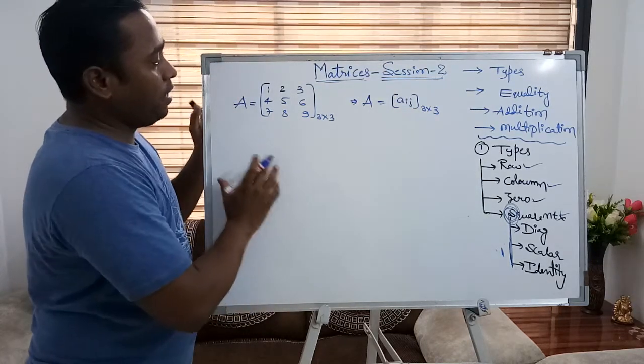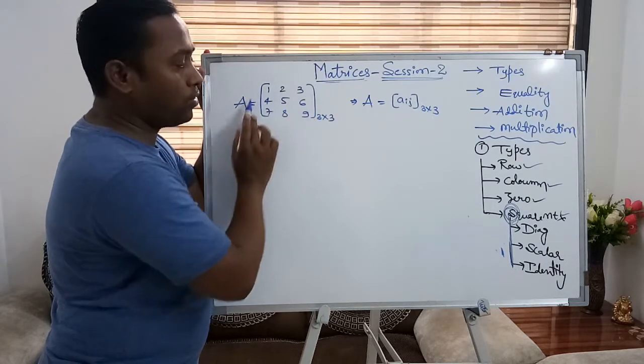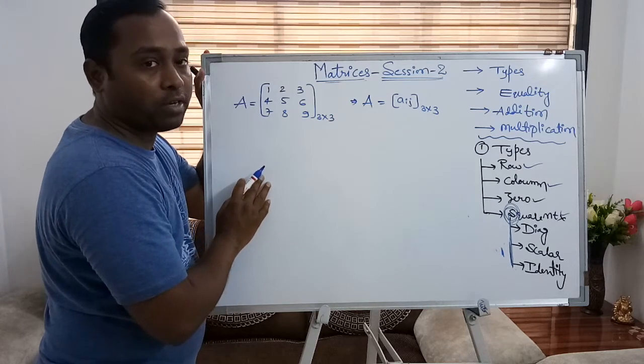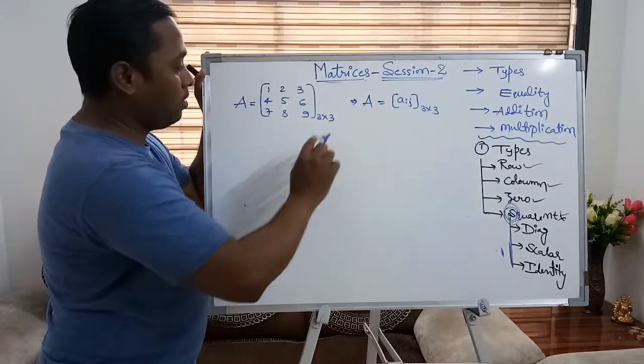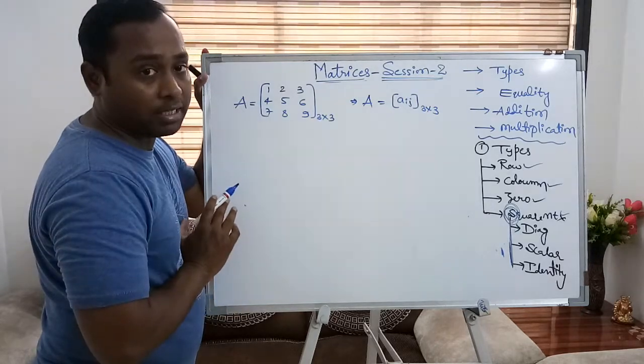Now if I specify some conditions on the elements of the square matrix, then it becomes a specific case of a square matrix. So for that, first we need to understand diagonal elements.